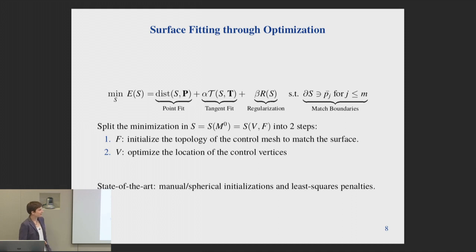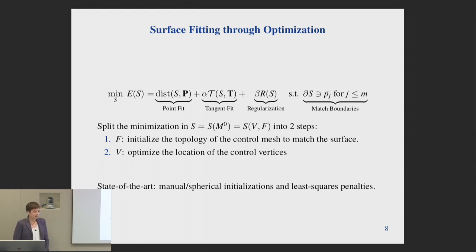We first have an initialization stage in which we set the topology of the control mesh, where we just choose the facets of the surface, and then we do a more careful optimization in which we determine the location of the vertices. So you can think of the first stage as dealing with topology, and the second one with geometry.